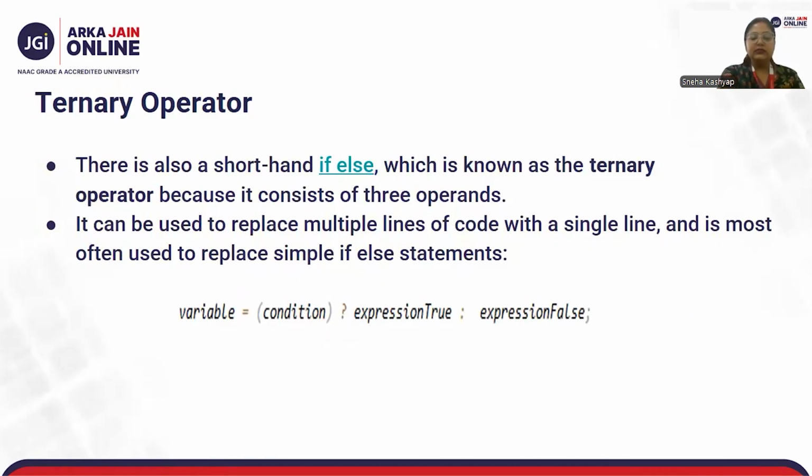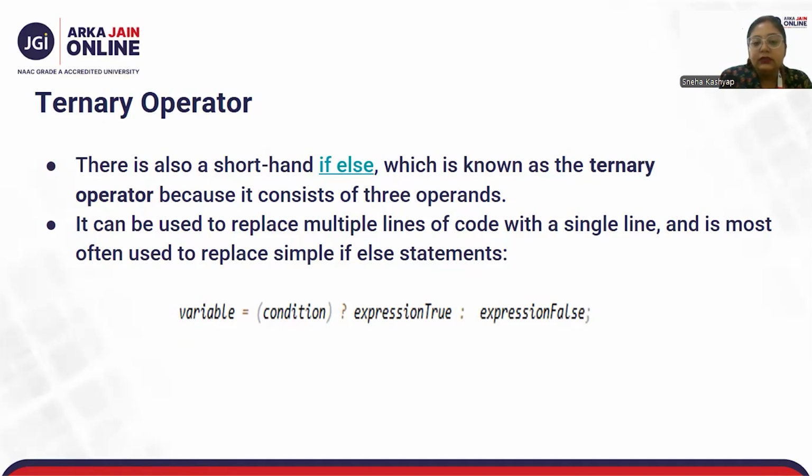The next one is the ternary operator. The ternary operator is also known as shorthand of the if else operator. Now if else is a condition which we use. Suppose I want to say, if it rains today, I'll eat ice cream, else I will not eat ice cream.